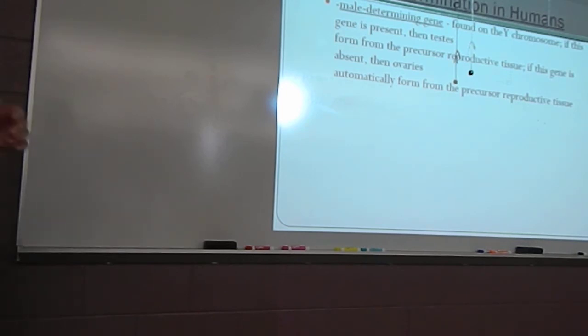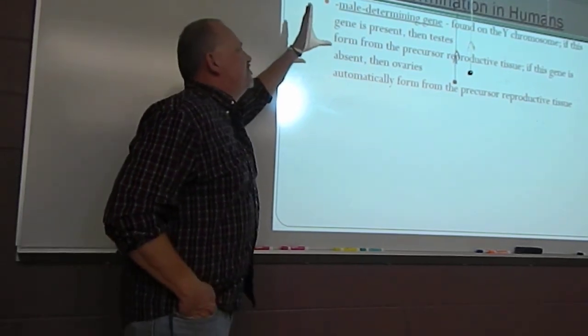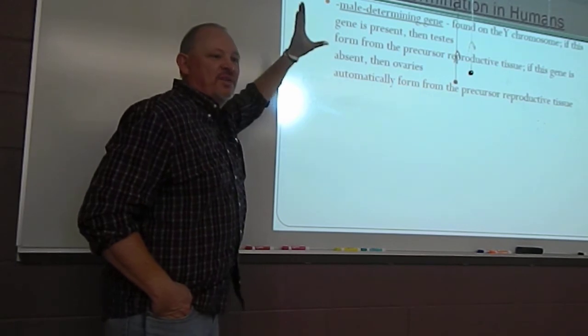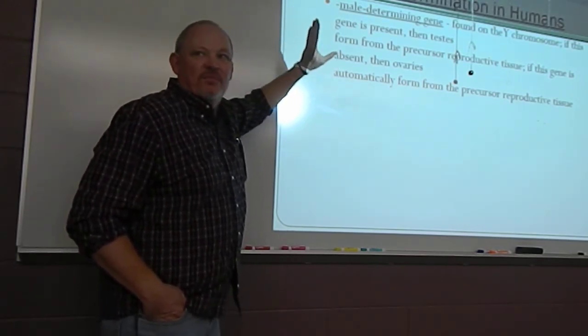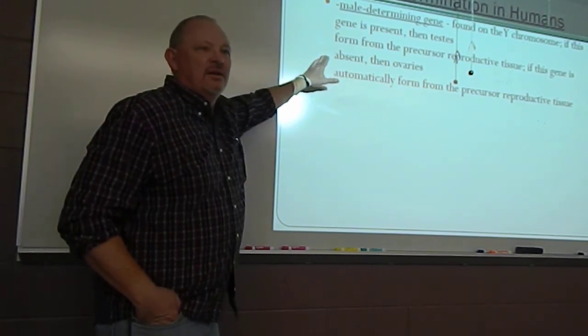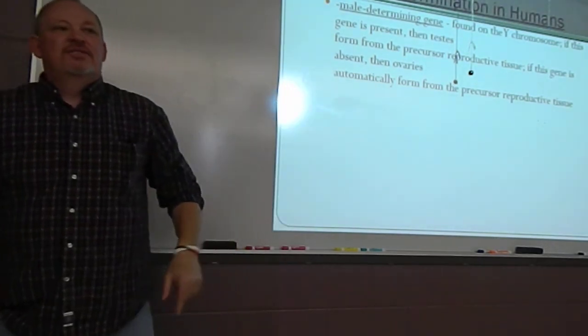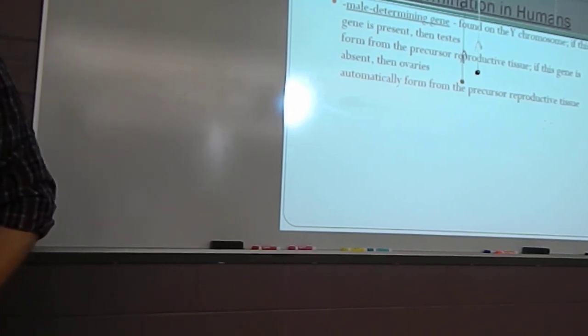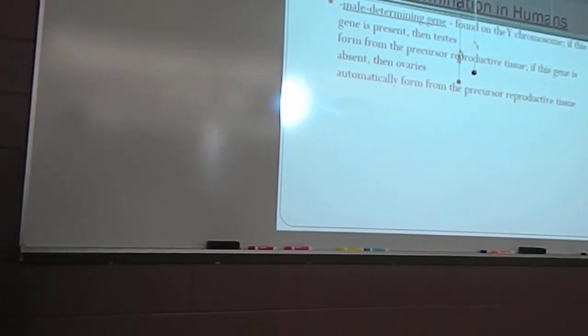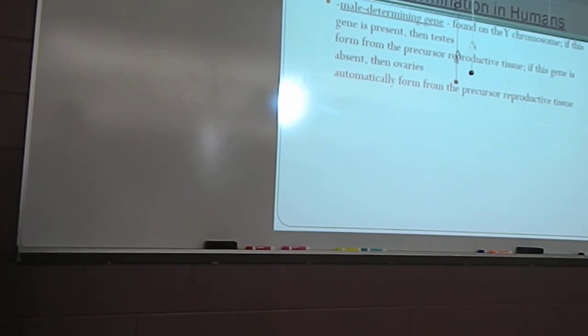So that is an actual location, we know that's on the Y chromosome, that controls whether you're going to be male or female. And we talked about determining, you can, for a price, more than likely get a baby of a certain sex.